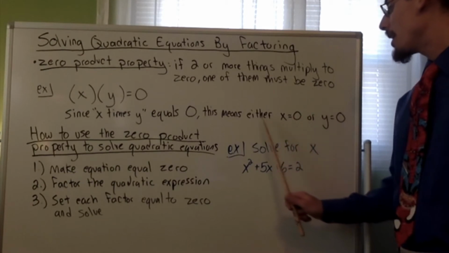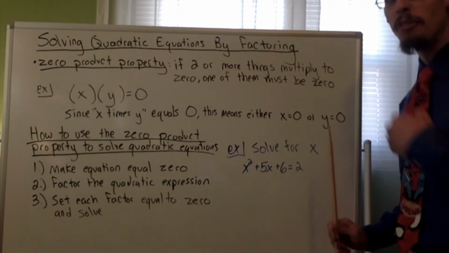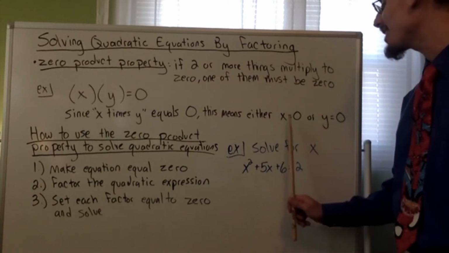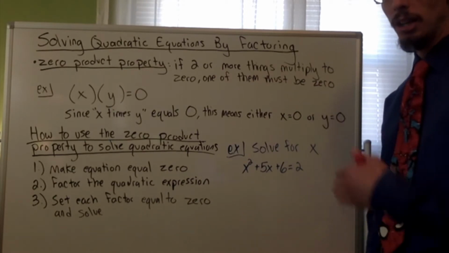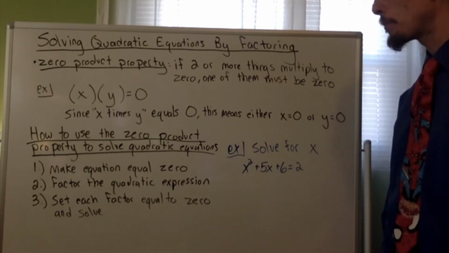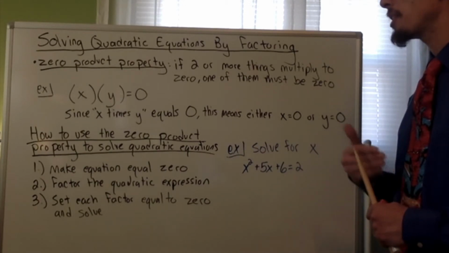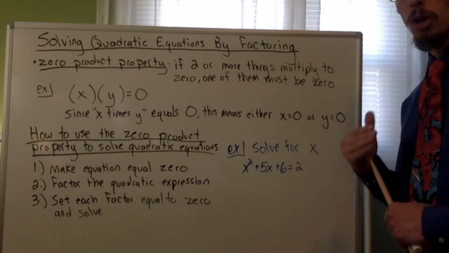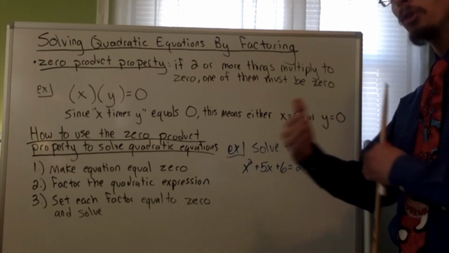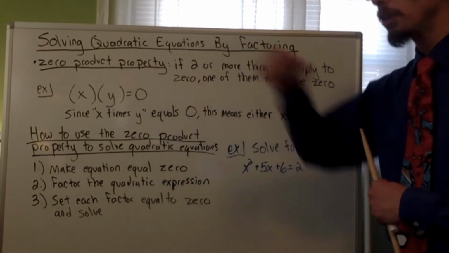Again, it's one or the other, but you have to give me both of them. You have to say x equals 0 or y equals 0. That is the solution, right? So again, everything we're going to be doing for the next week or so relates to this zero product property. That when you multiply two things and they equal 0, one of them has to be 0.